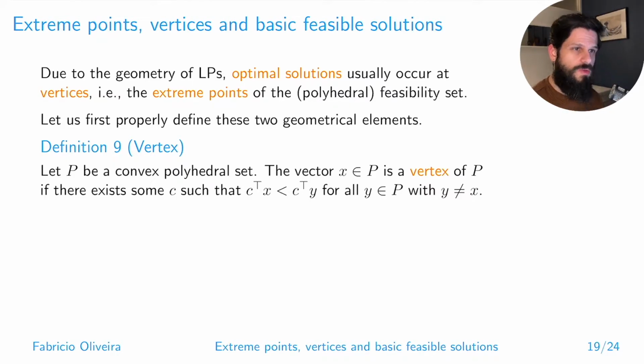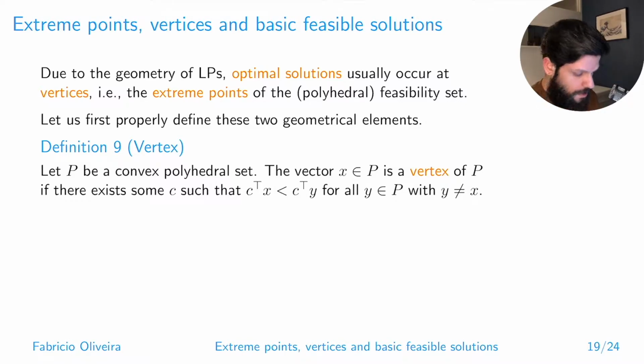But before we move on, let's try to give an algebraic definition to these elements, vertex and extreme point and so on. So let's start with the notion of vertex. Consider P as a polyhedral set, and consider this vector x that belongs to P, and let's assume that it is a vertex.